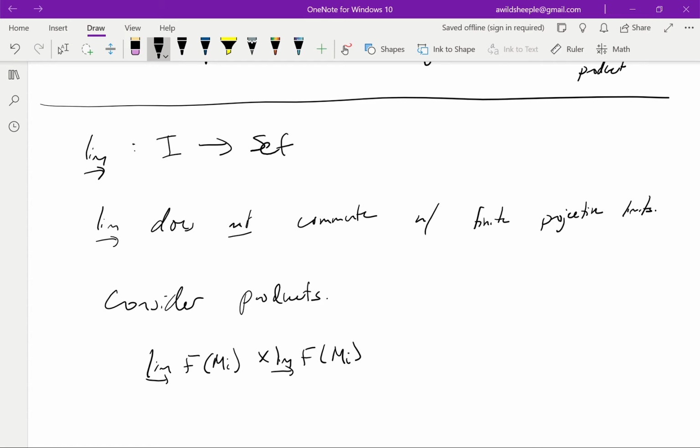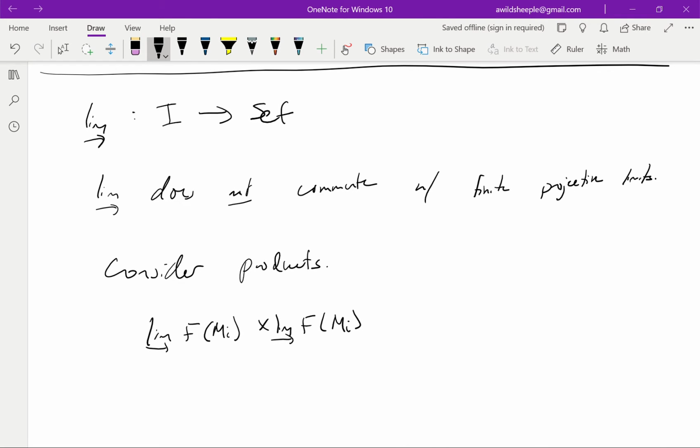We could have such a product like so, and this would give us this product. Of course, I and I are indexing sets everywhere.